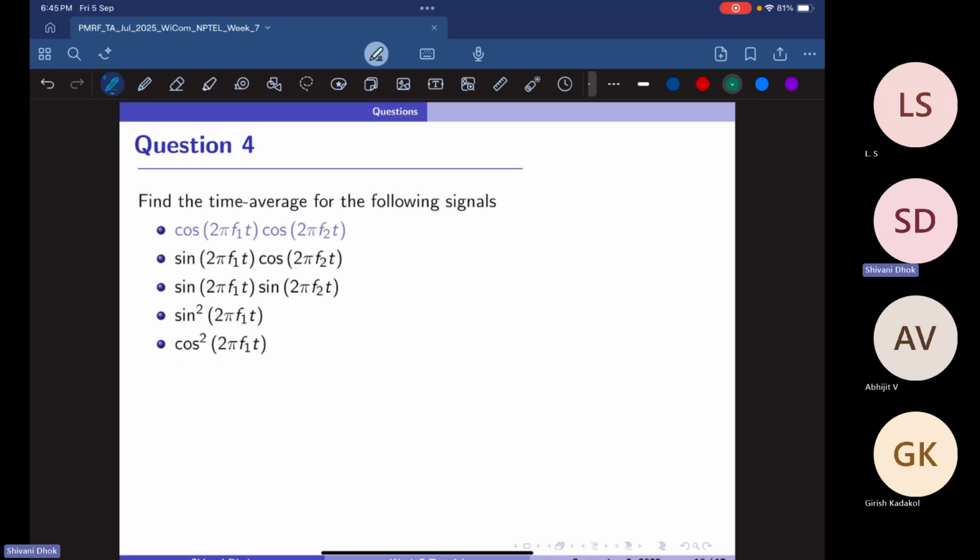The first one that is given to us is cos of 2 pi f1t into cos of 2 pi f2t.